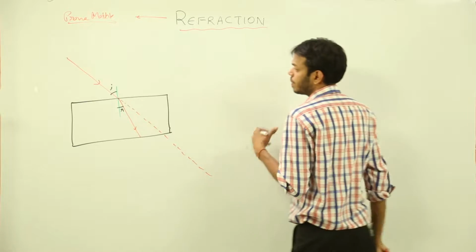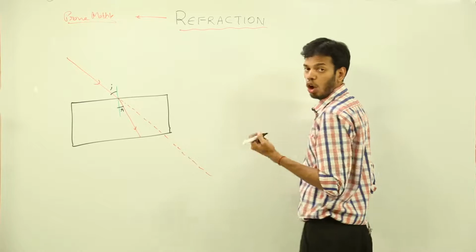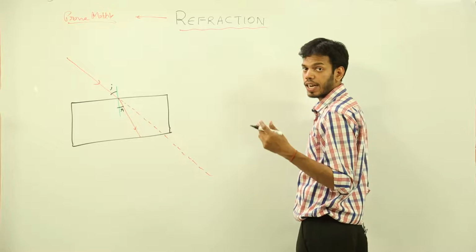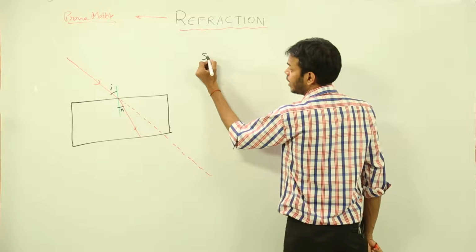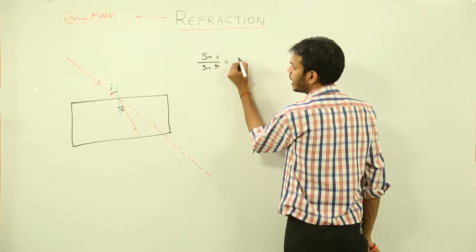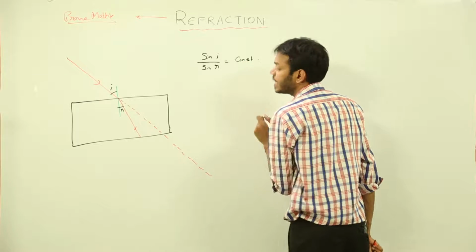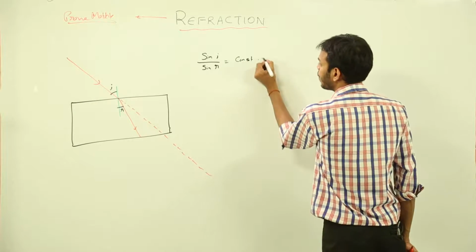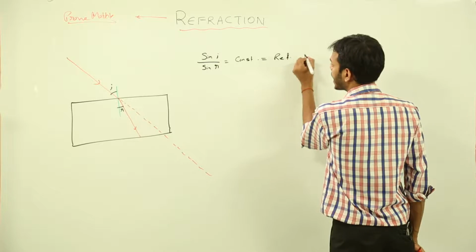Now go back to what were the laws of refraction. Sine of angle of incidence over sine of angle of refraction is a constant, and this constant is further given a name of what? Refractive index.